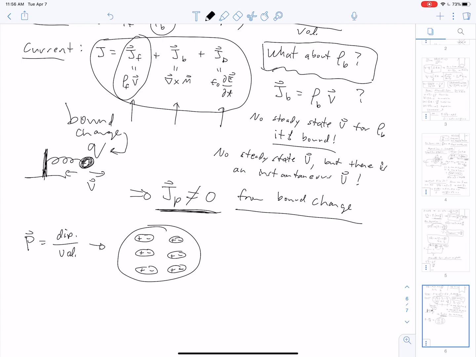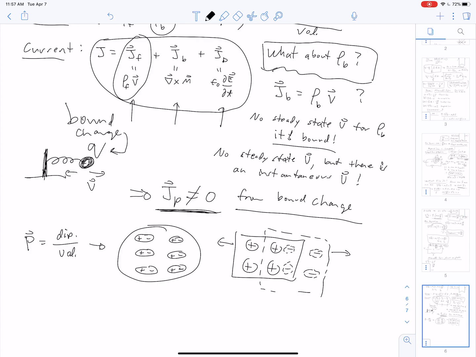And I can think of this really as two interpenetrating lattices. I can think of it as really my plus charges, and I can think of it as sort of coexisting with my negative charges, where here's my negative charges. And so if I think of the positive charge and the negative charge on separate lattices, then I can pull them apart.